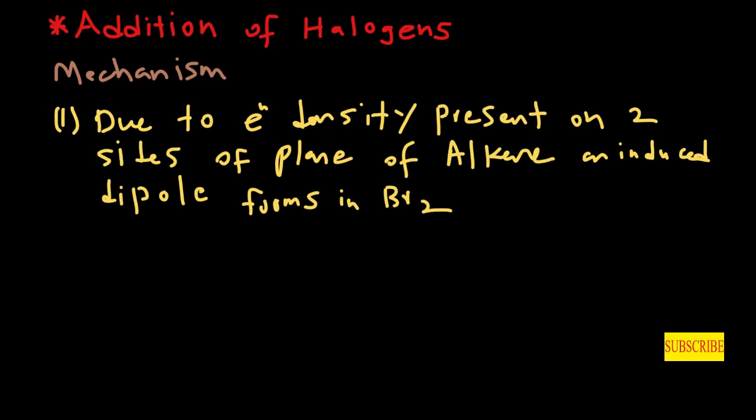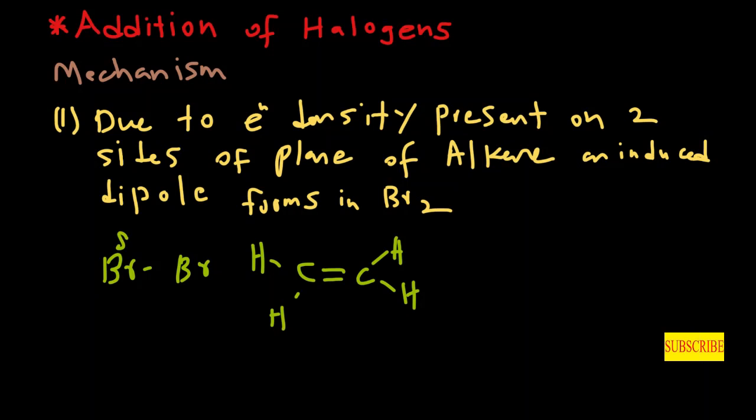Then we consider the Br2 molecule and this double bond of the alkene, which induces polarization of the electron cloud of the Br2 molecule like this. Then this pi bond attacks this Br atom and makes this cyclic compound.